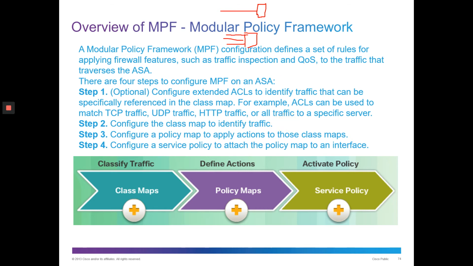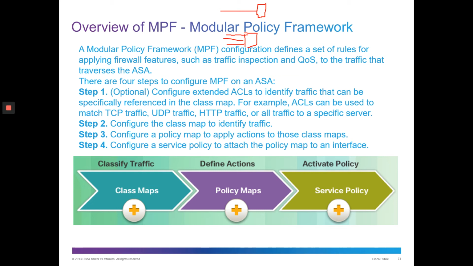Okay, and you can create something called a class map. In a class map, you can have traffic which is of one type. Each class map will have one type of traffic, either UDP, HTTP, or TCP traffic. And once you have categorized that traffic, you have to configure something called a policy map, okay, to apply actions to those class maps.